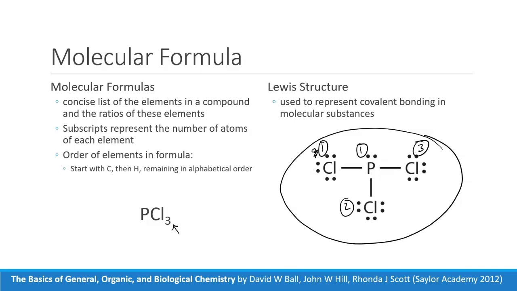And when it comes to ordering the elements in the formula, in this case, if there's no carbons or hydrogens, typically you're going to start with the central atom. So let's include this rule that typically you start with the central atom.